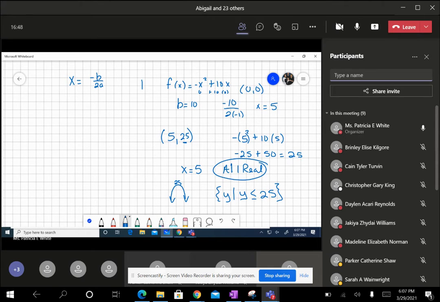What would my x-intercepts be? Another 0, 0. If I factored that out, I'd have x times x plus 10. So 0, 0, and negative 10, 0.